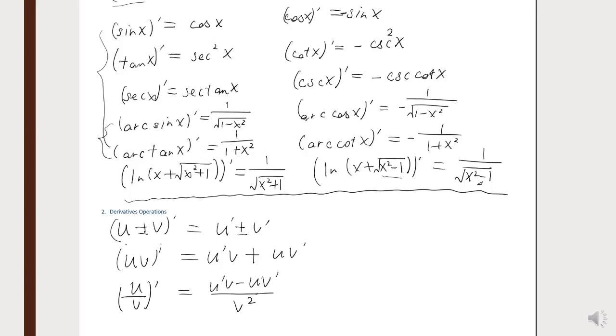You just find the derivatives of each function and put them together. But if you want to do the multiplication of the two functions, for u we find its derivative first, and leave the function v alone. You don't have to do anything with it first, and then plus u times the derivative of the function v.